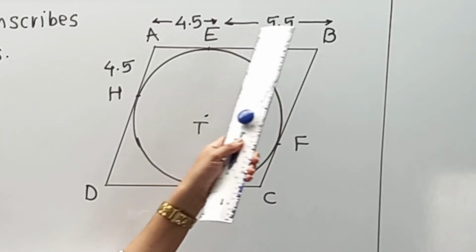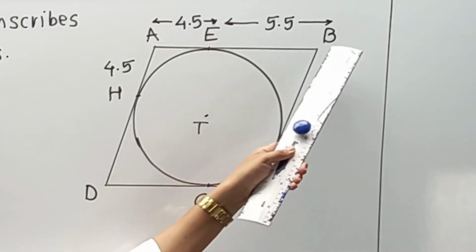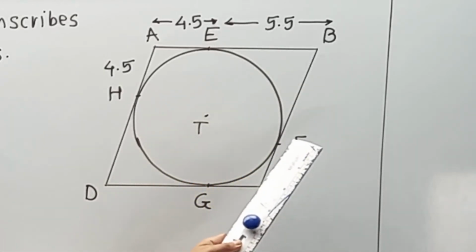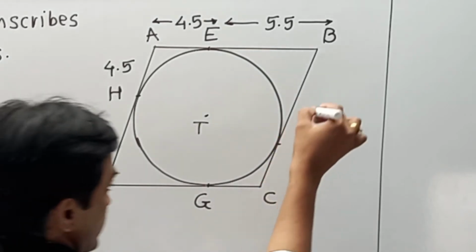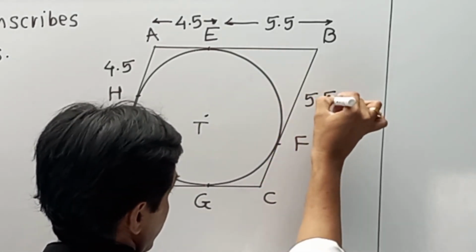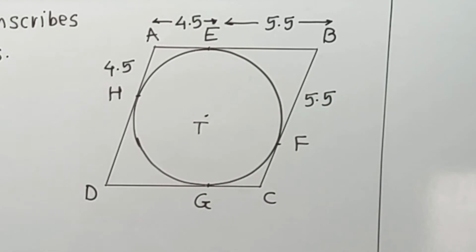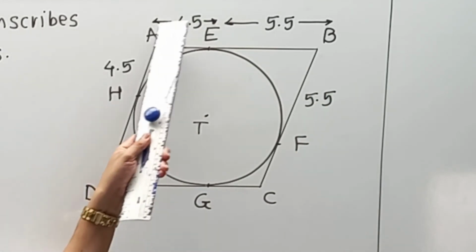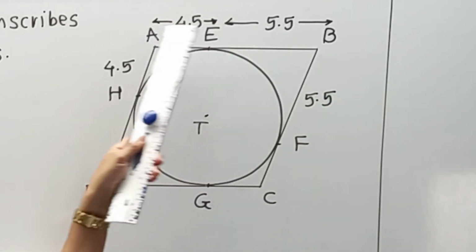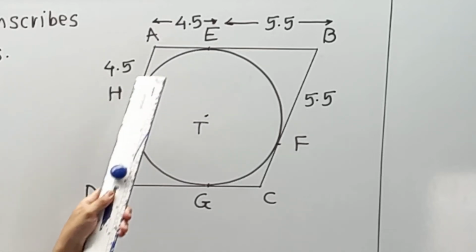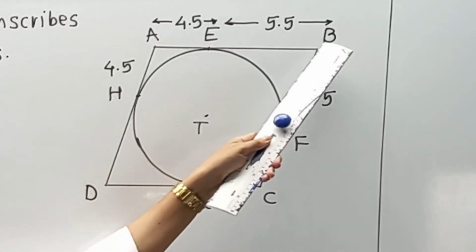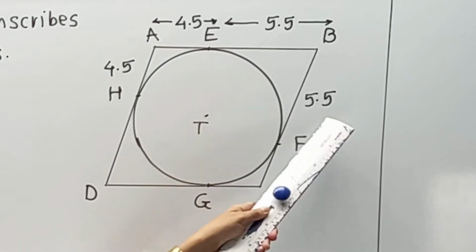Next, EB is equal to 5.5. Naturally, BF is also a tangent, and it also becomes 5.5. Due to these two parts, we get AE equal to AH, that is 4.5, 4.5, and BE equal to BF, that is 5.5, 5.5.